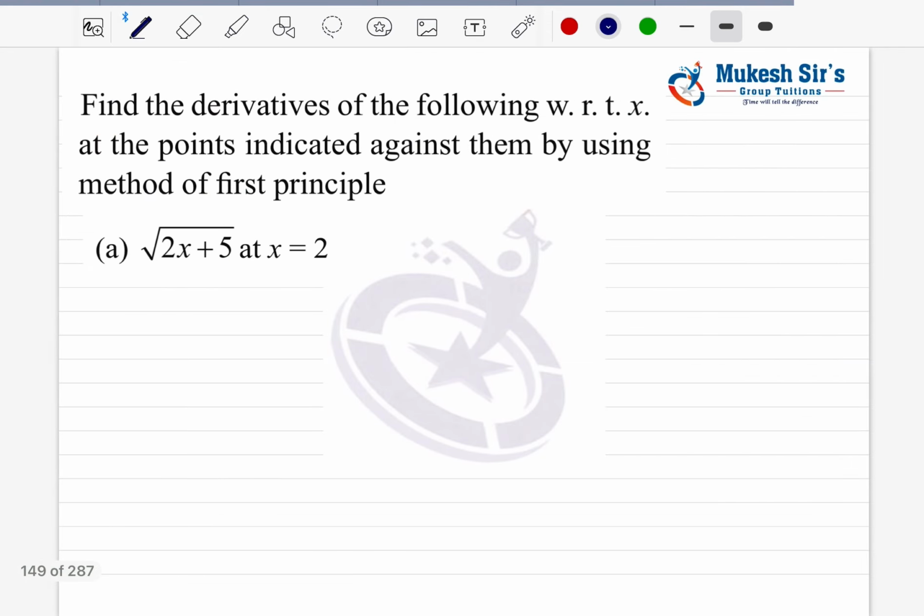Now, how to find the derivative at the point indicated against that? So means you have to find the derivative at say x equal to a. Now at x equal to a का formula लिखा है हम लोगों ने. What is the formula?